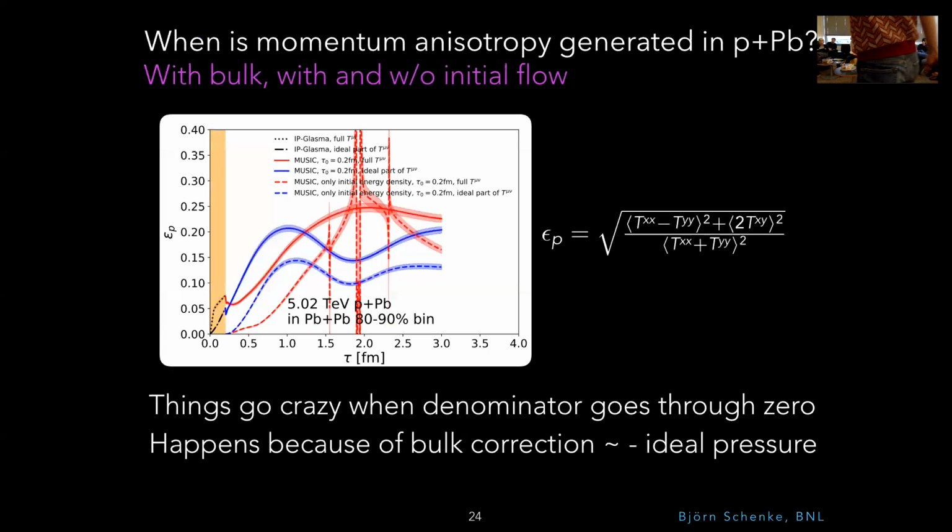So there's obviously something not good in these viscous hydro calculations, which have this fairly large bulk, right? Because we fixed this in the heavy ion collision calculations. But now we go to very peripheral, and we see these bulk corrections have a large effect. For some reason you don't see it in the solid red curve, but that may be a coincidence, right? You see it when you remove the initial flow.